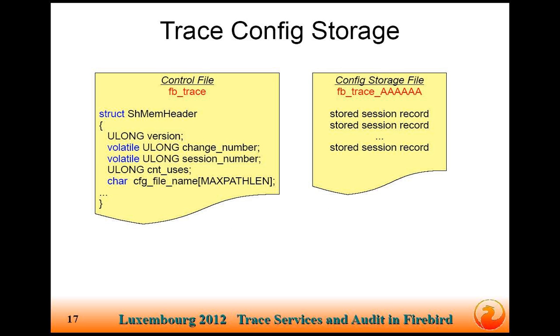Number of the last session: this is the generator from which the trace session obtains its ID. Count uses: it's used to detect if the configuration storage should be deleted by the exiting process. And config file name, which points us to the real configuration storage file, where the session records are stored.